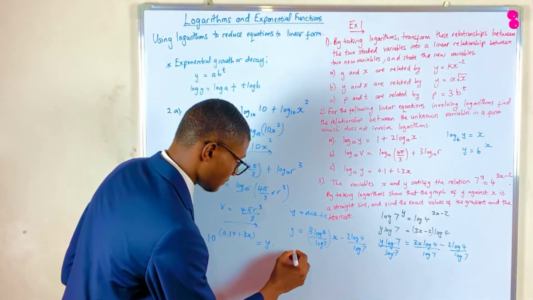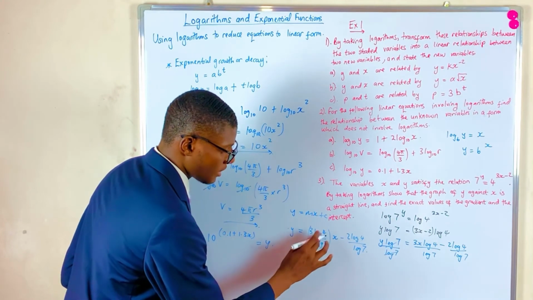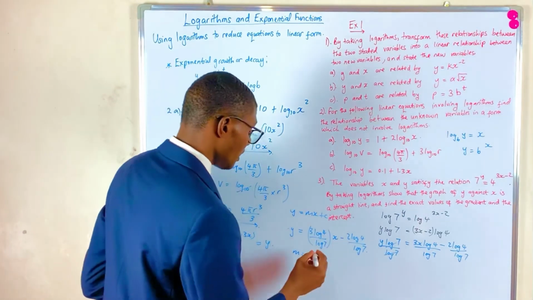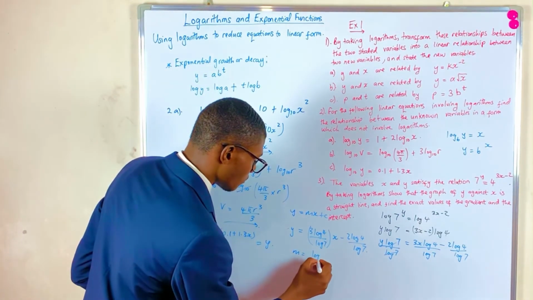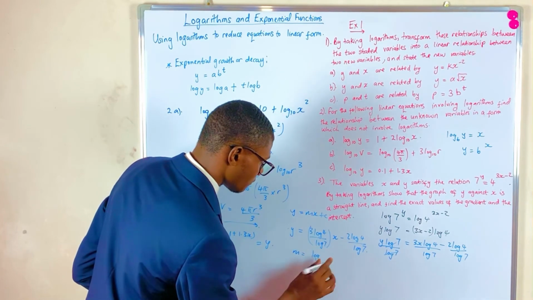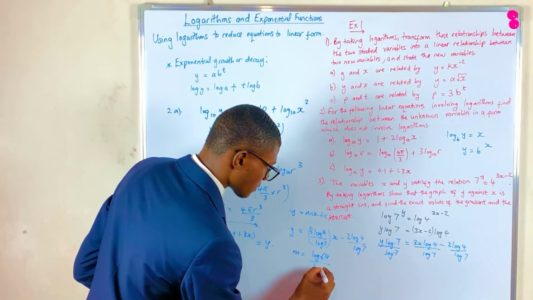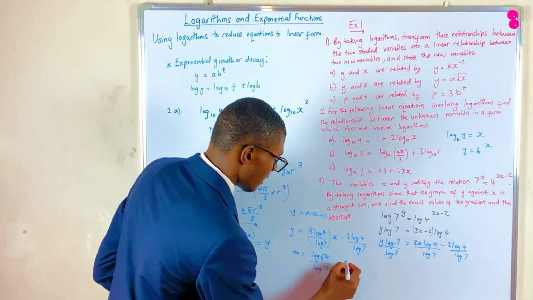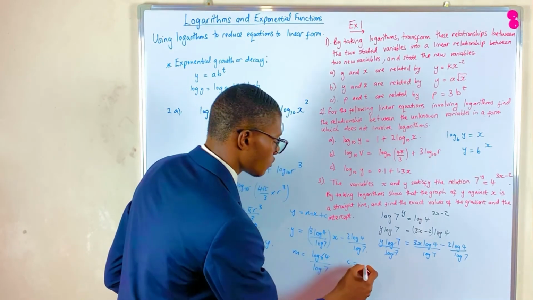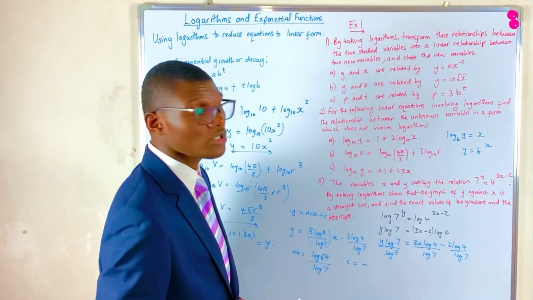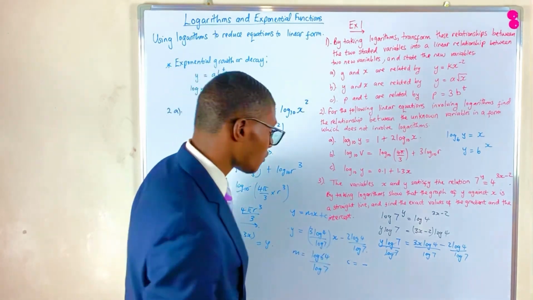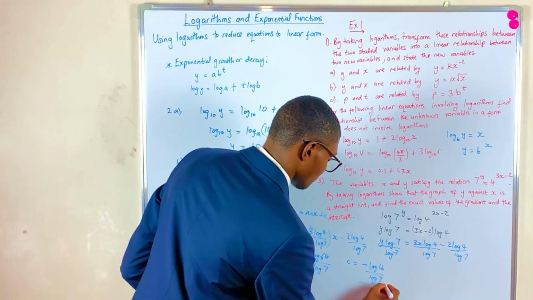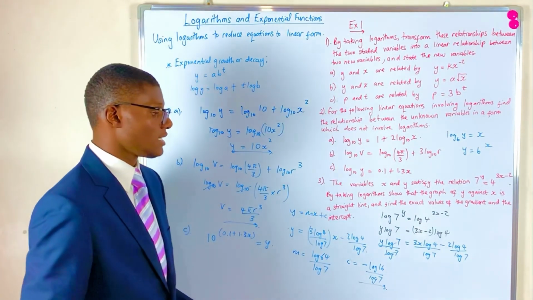Gradient here, m, would be, here we can decide to raise the 3 to a power such that it's log 4 to the power 3, which is log 64 over log 7. This is our gradient. In our intercept, c would be equal to minus, if we take this 2 and raise it to a power, that will be log 4 to the power 2, which is minus log 16 over log 7. So this is the gradient, that's the intercept.